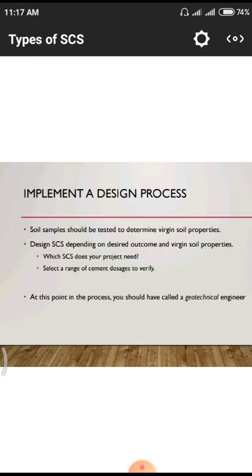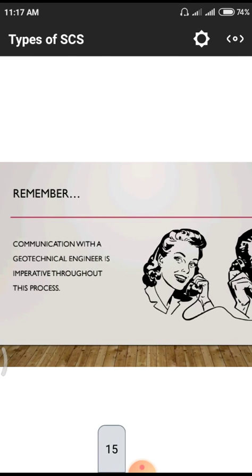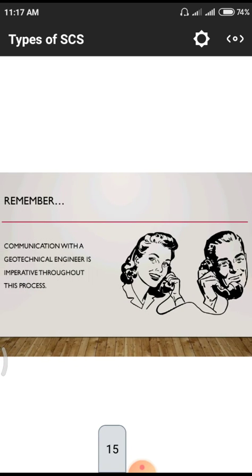At this point the total process has to be handled by a geotechnical engineer. This is the process where we communicate with the geotechnical engineer, because it is all related to ground improvement. The ground is related to the geotechnical engineer, so we have to take some precautions.